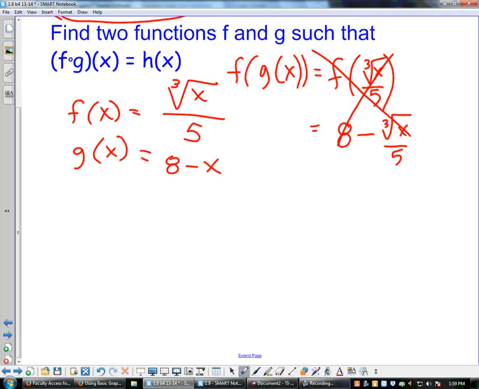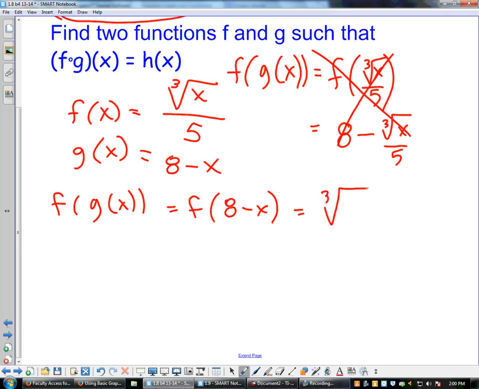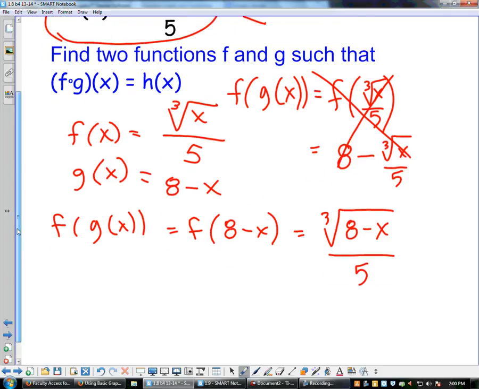It will look like f of 8 minus x, and we plug in 8 minus x into the f function right here, and we get cubed root of 8 minus x over 5, which is what we wanted to get.